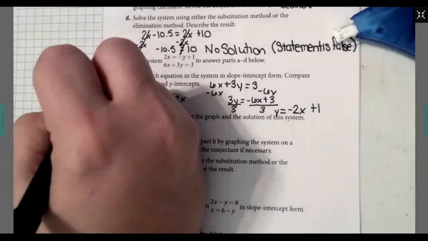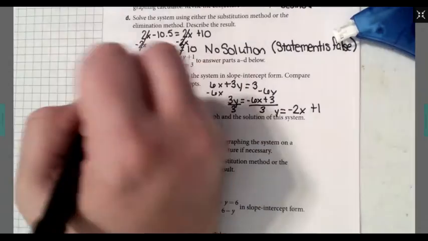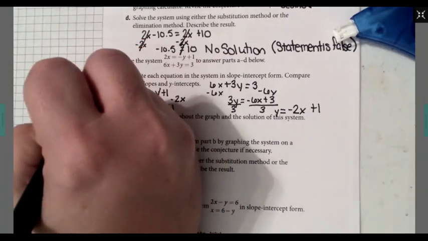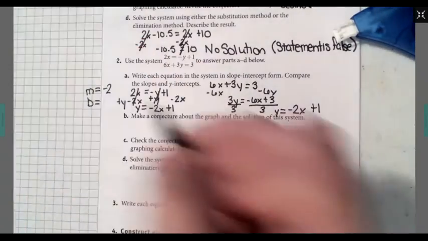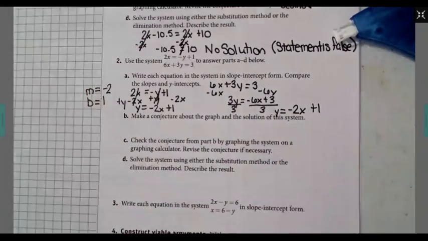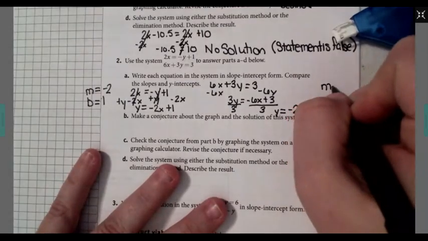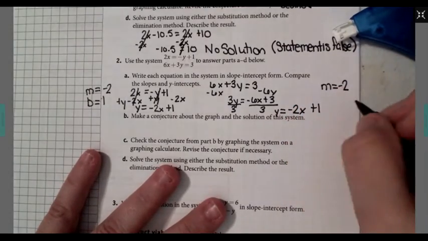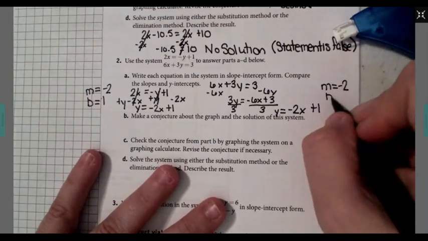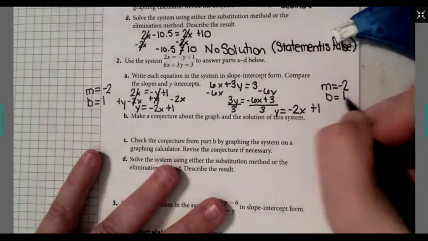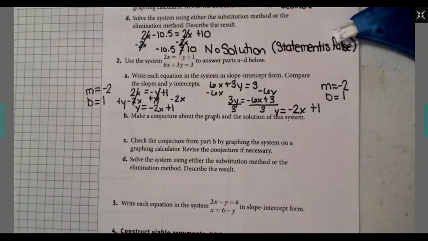What's my slope here? Negative 2. What's my b here? Positive 1. What's my slope over here? Negative 2 again. And my b? Positive 1. Make a conjecture about this graph and the solution of the system.